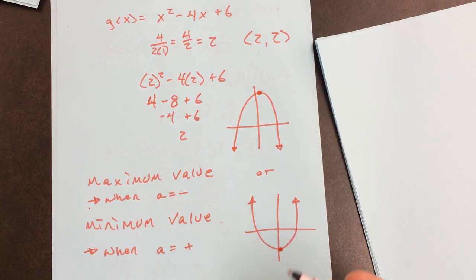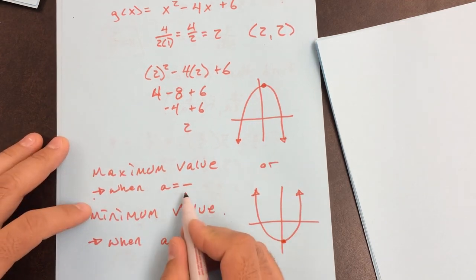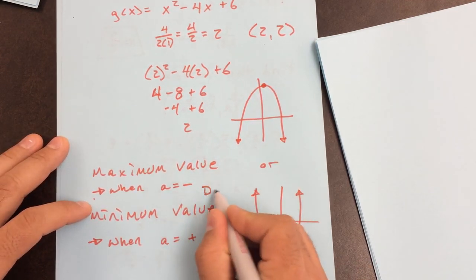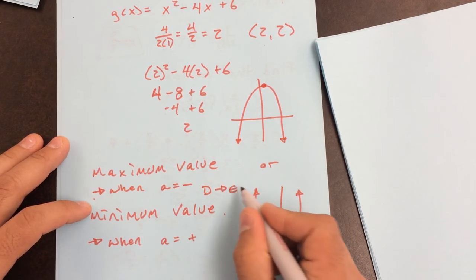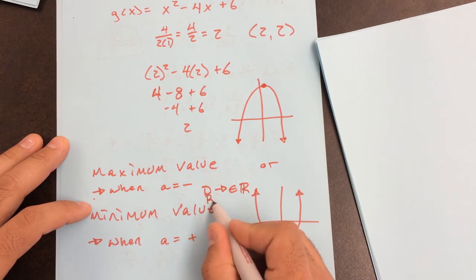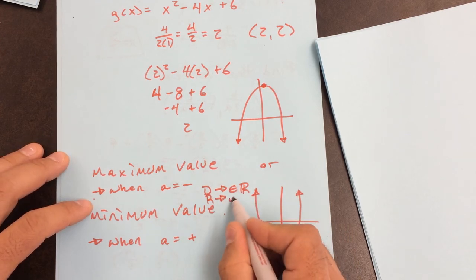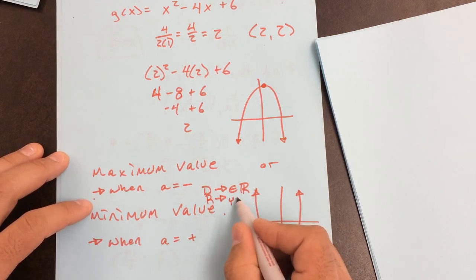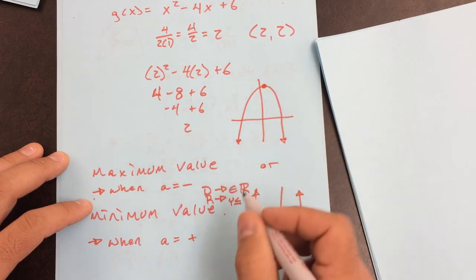Okay? So really, if you're talking about your domain and range, domain on this one is the set of all real numbers. Range is y is less than or equal to the y value at your vertex, which is k.